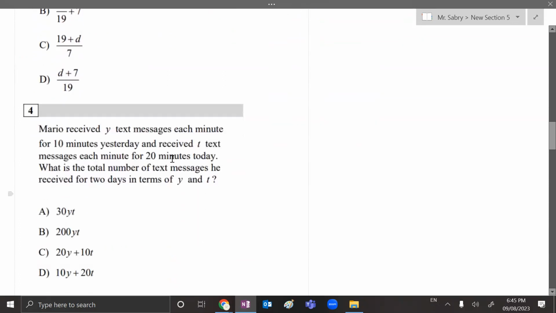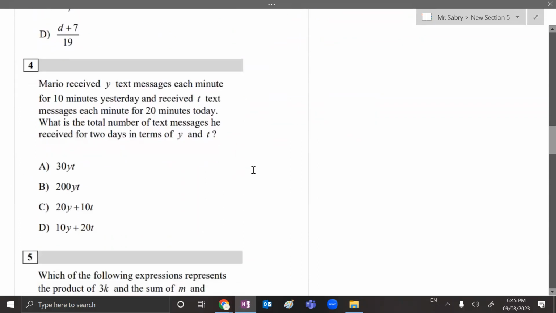Pretty easy ones. 4. Mario received Y text messages each minute for 10 minutes yesterday and received T text messages each minute for 20 minutes today. What is the total number of text messages he received for 2 days in terms of Y and T?